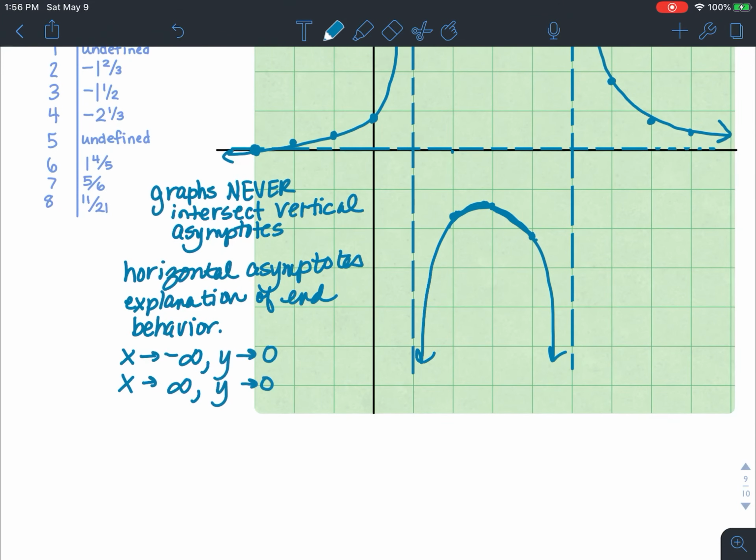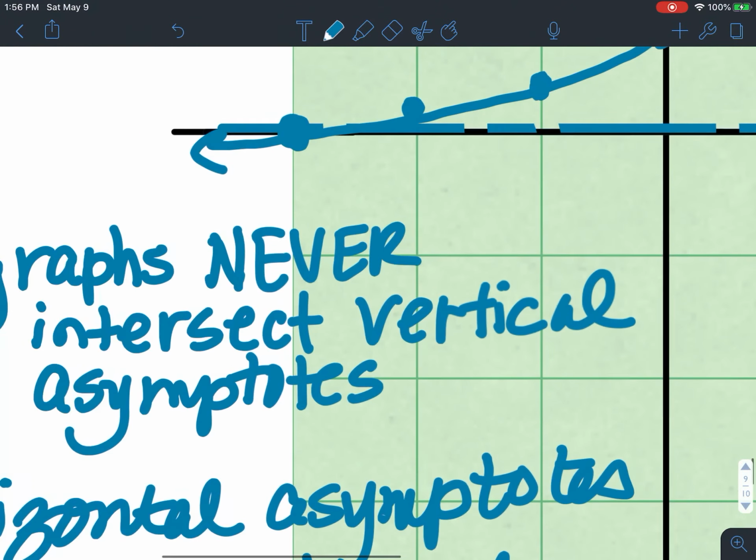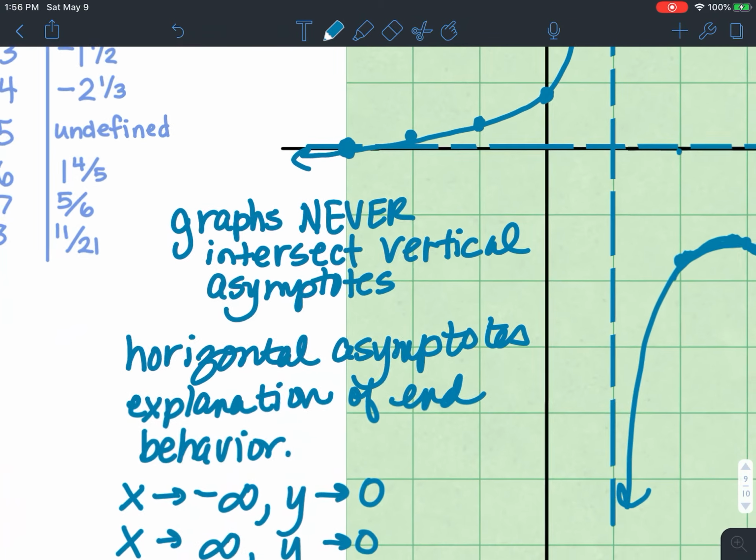That really is the purpose of a horizontal asymptote, is really to talk about the ends. So therefore, a horizontal asymptote can be crossed by a graph in the middle, but it won't do it at the ends. So this point here, you can see it's right on the horizontal asymptote, and you're probably thinking, what? How could that be? But it can. It just won't do it at the ends.